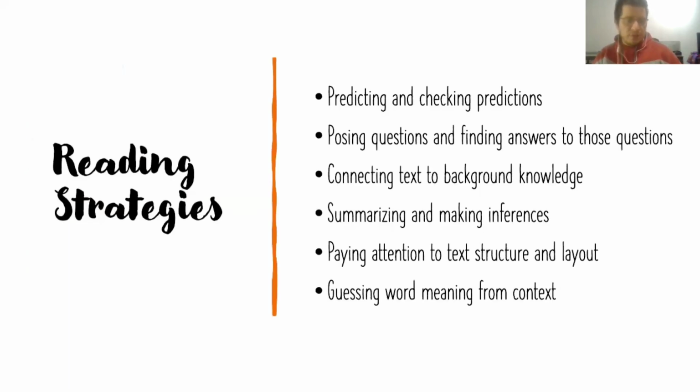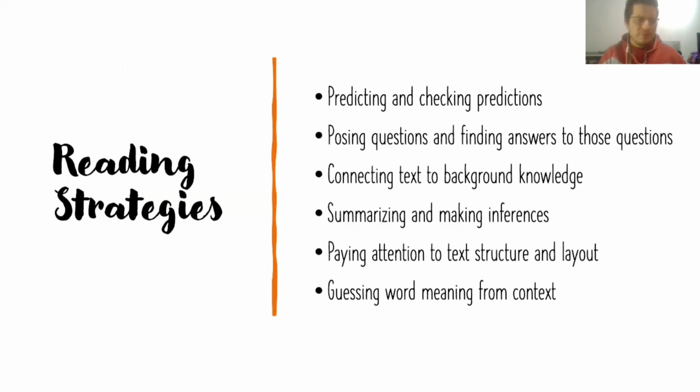Some of the strategies that we can apply are the following. We can predict and check predictions before reading. For example, what do you think this text is going to be about? Then we can write some predictions, and then we can discuss if they were true or not. We can pose questions and find answers before and after reading too. We can connect the text to the background knowledge of our students, or if we are readers too.